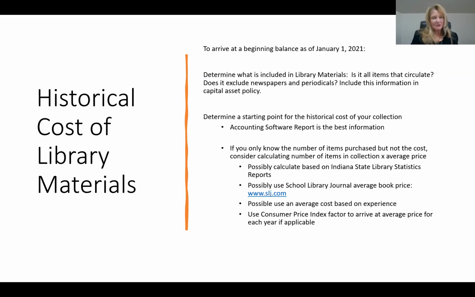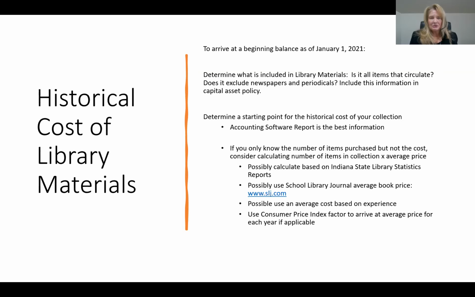Okay, so one of the main problems that we have with the library materials is just getting started, right? We have to have a beginning balance as of January 1. So the first thing you're going to have to do is determine what's included in your library materials. Is that all items that circulate? Does it exclude newspapers and periodicals?